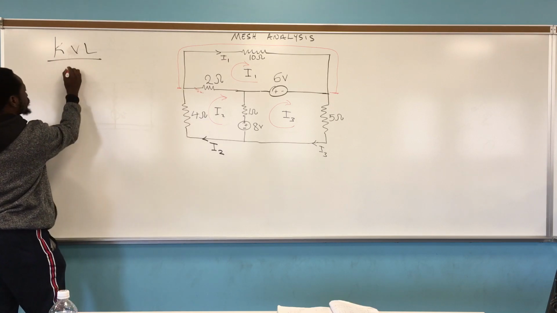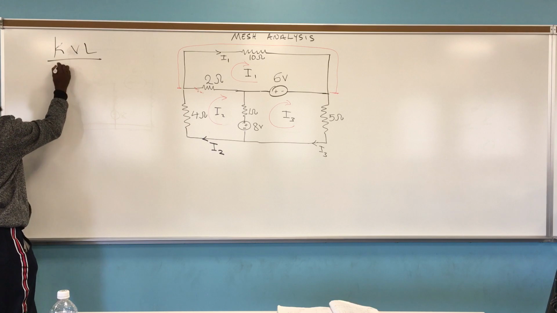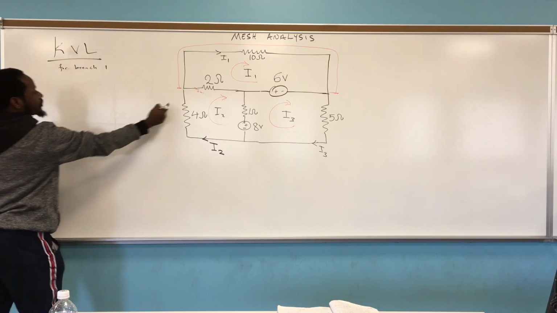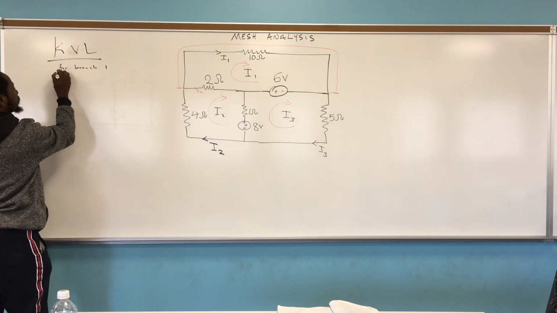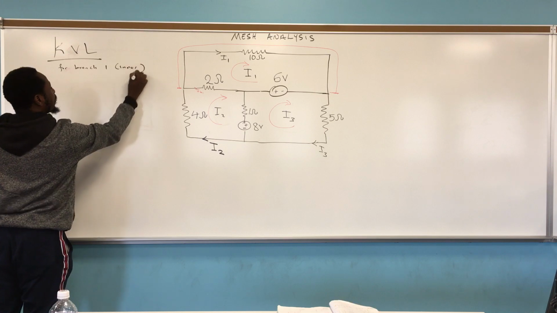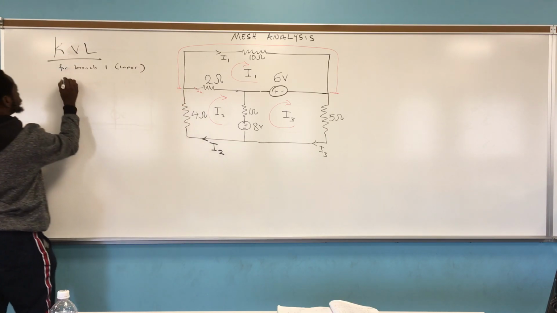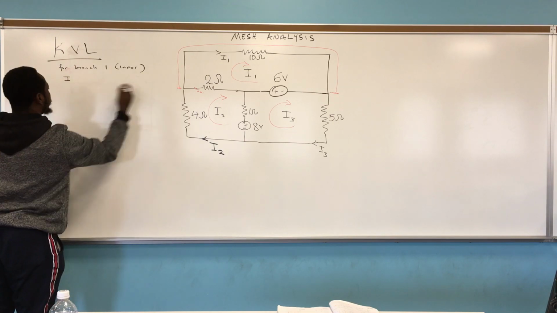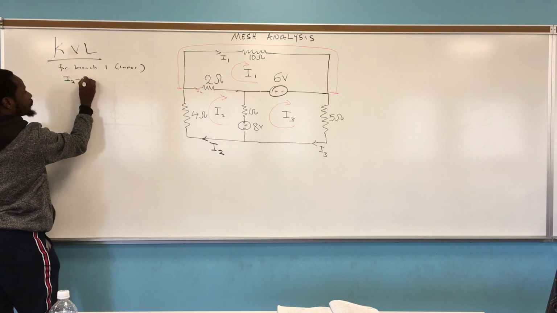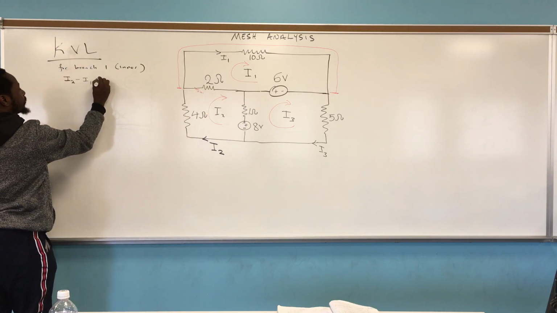So for inner branch 1, I have I2 flowing into that node here, and I1 flowing out, and I branch 1 flowing out.